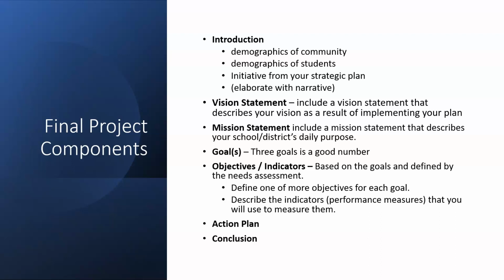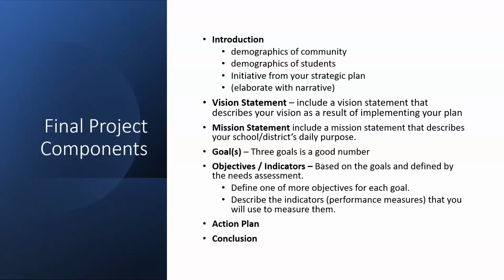These are the components of your project plan. A more comprehensive assignment sheet is provided. Basically, you'll write an introductory section that describes the demographics of your community and also the demographics of students.